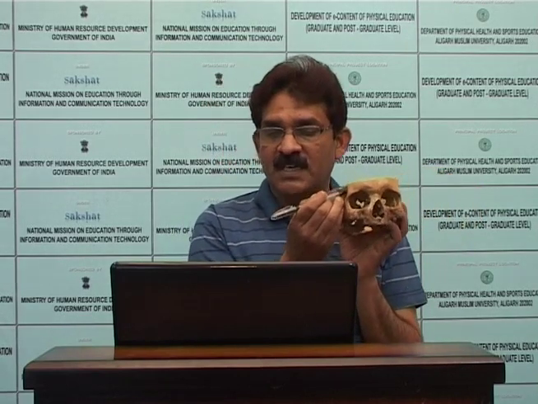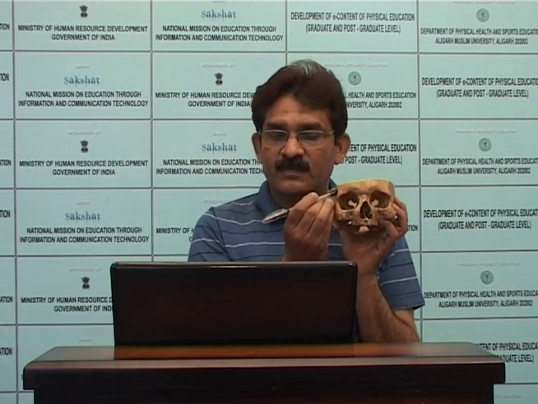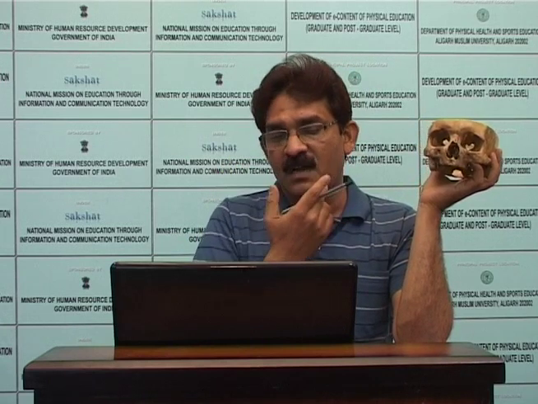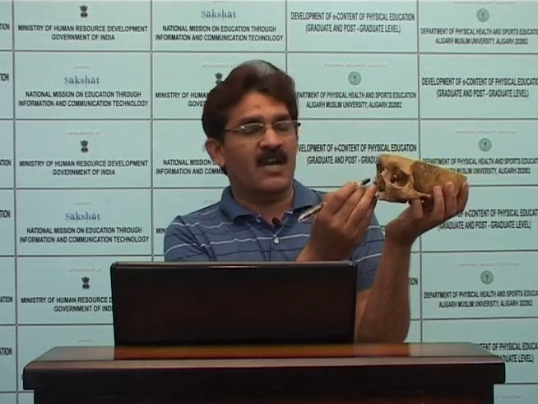The mandible is absent in this structure, but we can see this is the mandible, and these are the mandibular joints, seen on both sides. This is the mandibular bone, and this is the zygomatic bone.